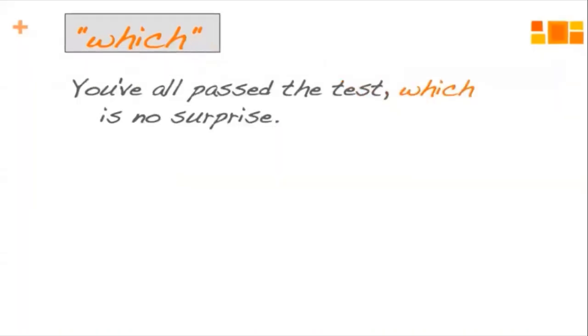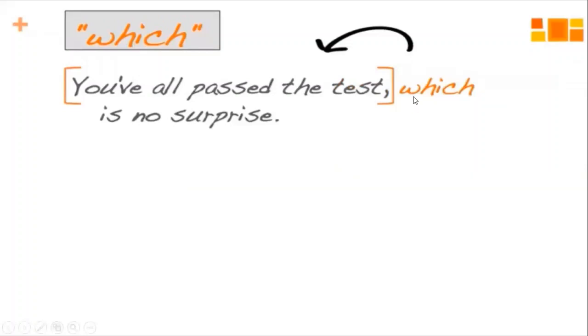Now, take a look at this example right here: you failed the test, which is not surprising. Which sometimes in this kind of sentences can refer not only to one thing itself, the test, it can refer to the whole sentence, right? But here, which is not surprising is the relative clause.